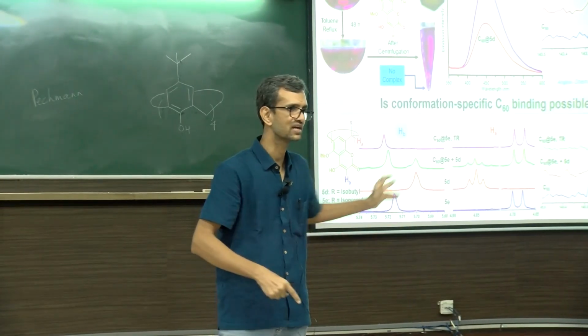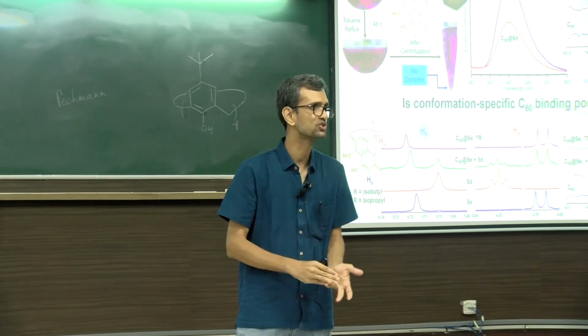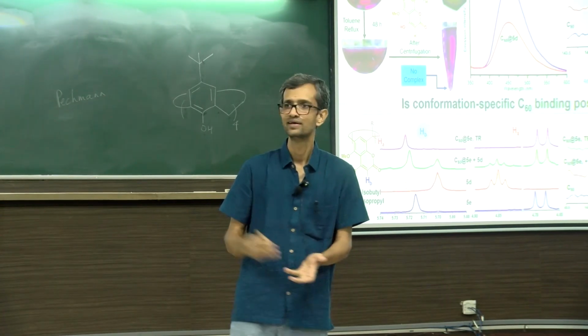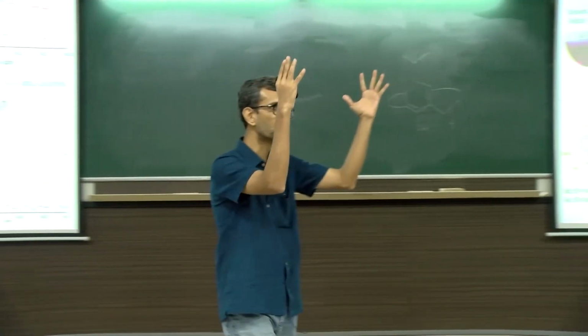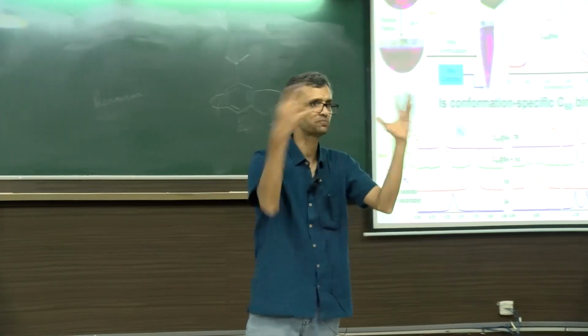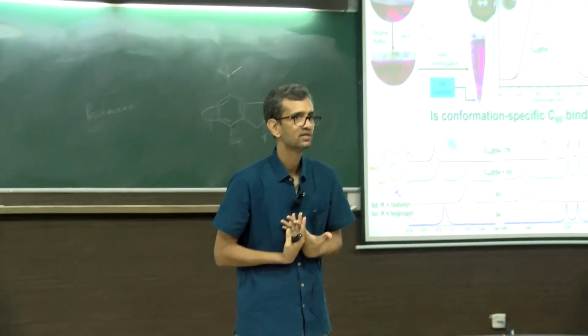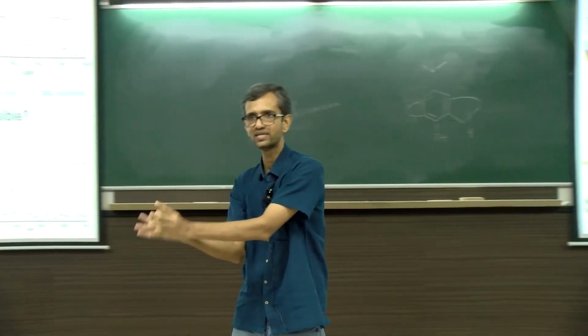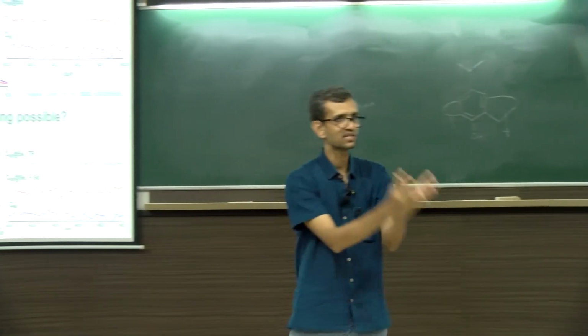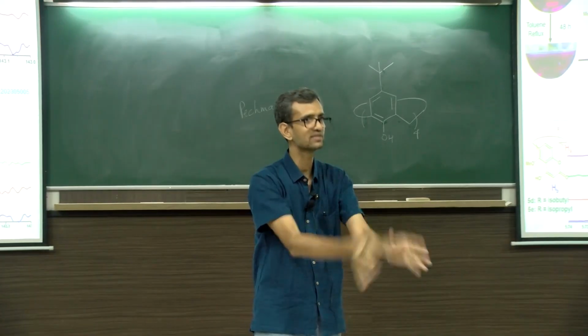Room temperature, 300 equivalents, it refused to complex, right? Grind it, no complexation because it is already in a boat conformer. There is no sufficient space for the fullerene to get into it, right? So now we have one conformer which is binding the fullerene. We also have another conformer which does not take up fullerene.